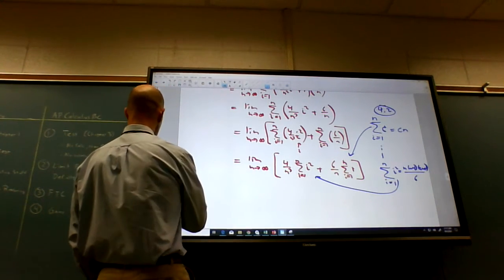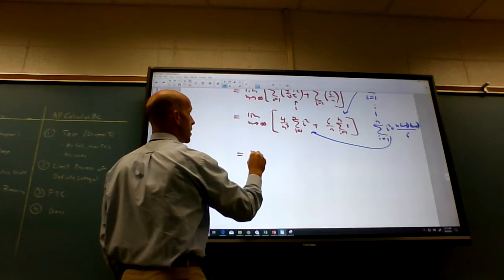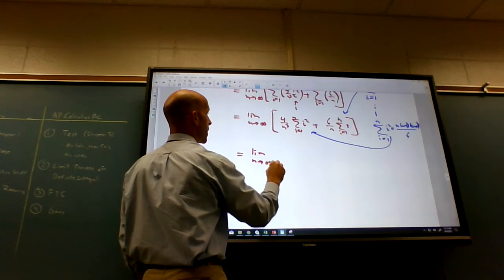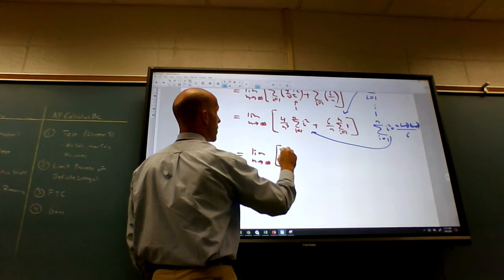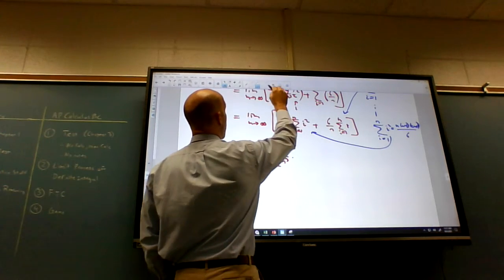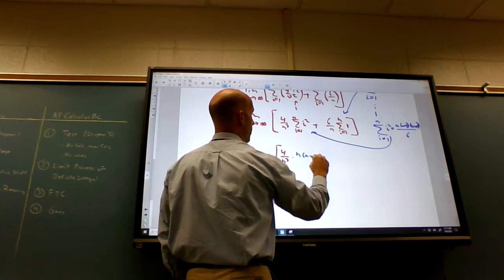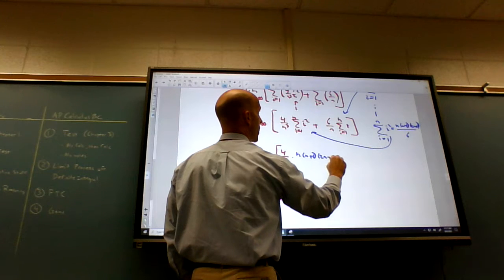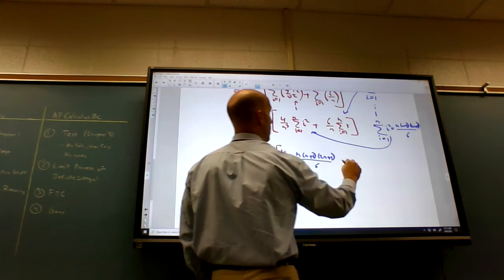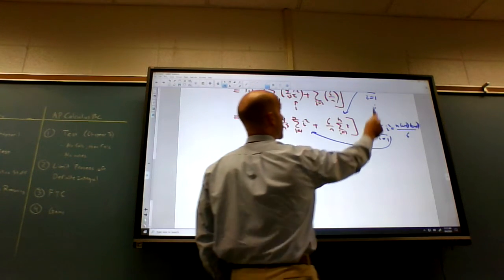So let's scroll down a little bit more, and I'm going to go back to red. So this is going to be the limit as n goes to infinity of 4 over n cubed times, and now I'm going to grab that blue thing that I just wrote over here: n plus 1, 2n plus 1, all divided by 6, plus 6 over n times, and now I'm going to use the top formula here.